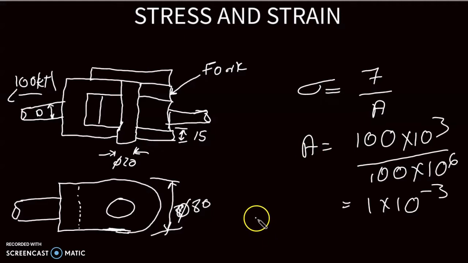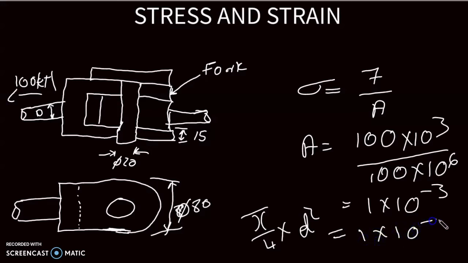We know area is given by pi divided by 4 times d squared, and this is equal to 1 times 10 to the power negative 3.